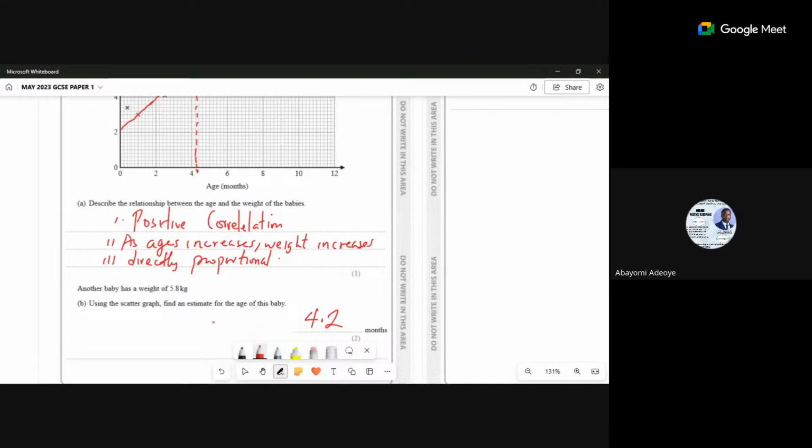But mind you, this question will be marked in range. The answer will be marked in range, so it can be between 2 to 4.5. Whatever you have within this range will be marked correctly. Exactly. Yeah. All right.